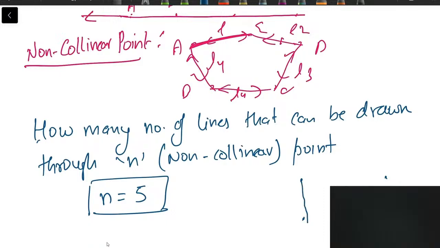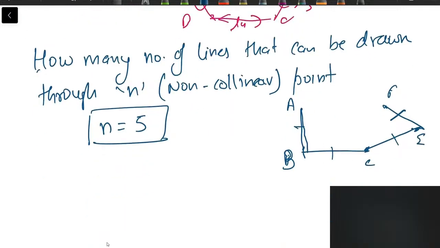So one way will come. We can join A and B, another C and D, this BC, another E, then F. So this is 1, 2, 3, 4 lines we can draw, but we cannot find it like this. How can we find it? Let's have a formula.